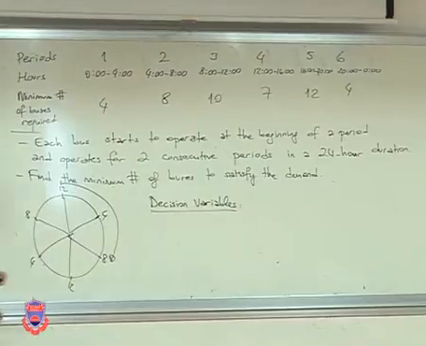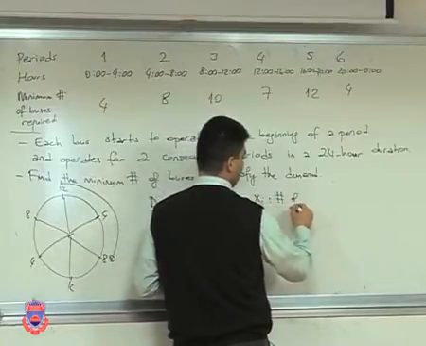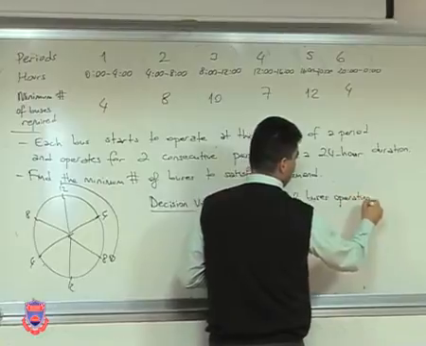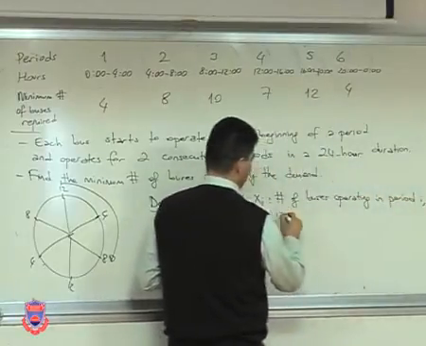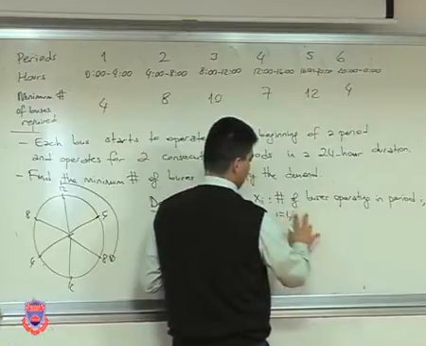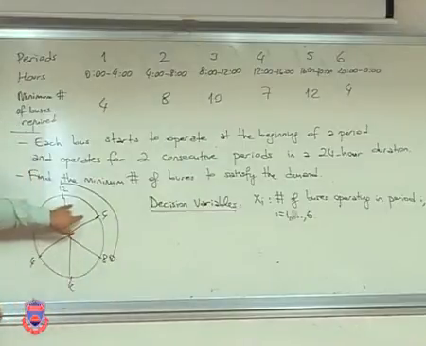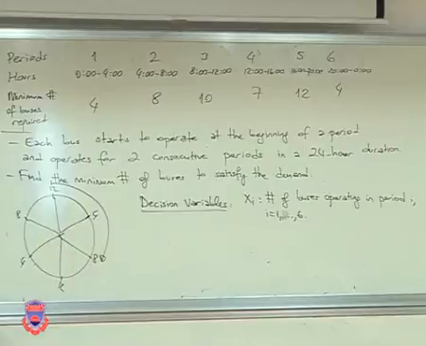So here's one idea. What I can do is I can define xi to be the number of buses operating in period i, right? And since I have 6 periods, I'm going to have 6 decision variables. So x1 denotes how many buses are operating in the first period, x2 denotes how many buses are operating in the second period, and so on and so forth. So this is something I can control.